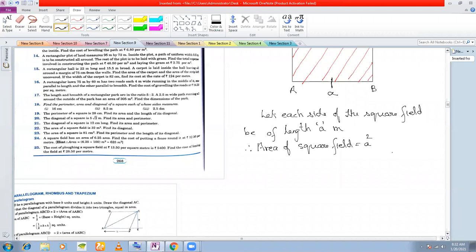Now, what is the cost of plowing this field? It is 13.5 for 1 meter square. So 1 meter square of plowing costs rupees 13.5.